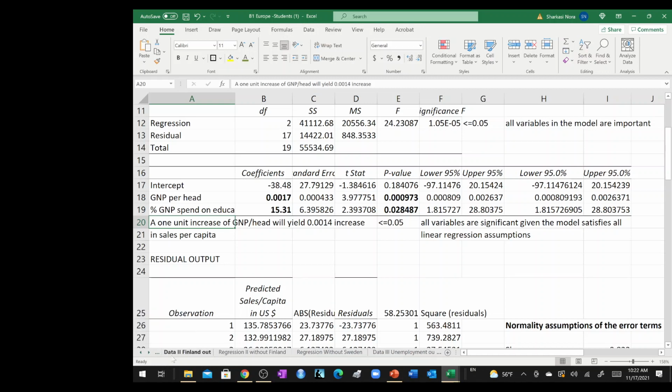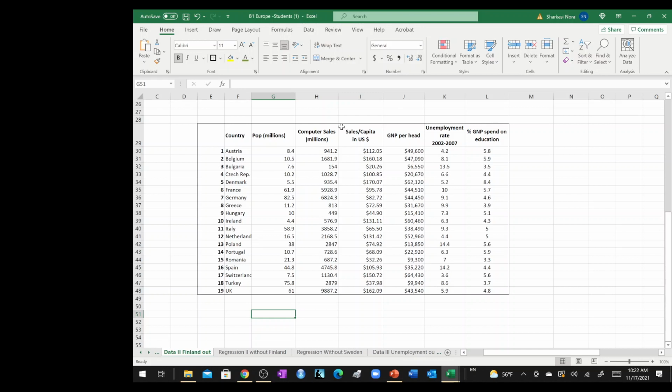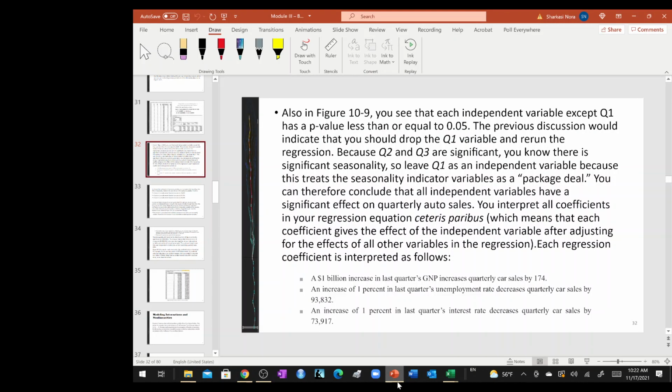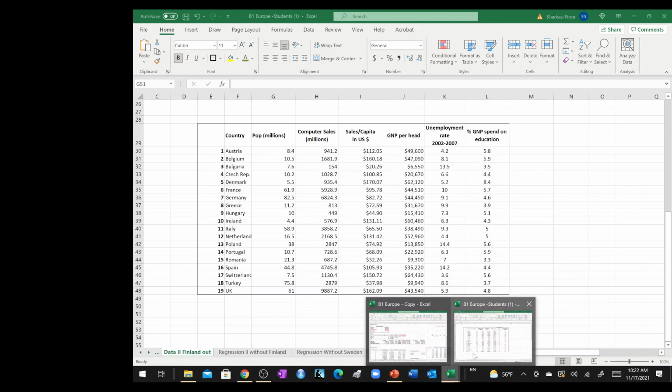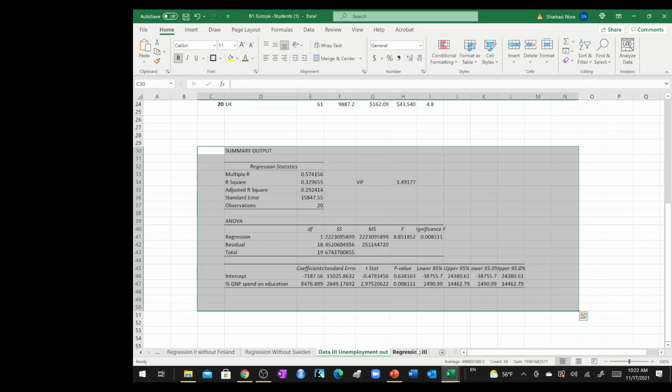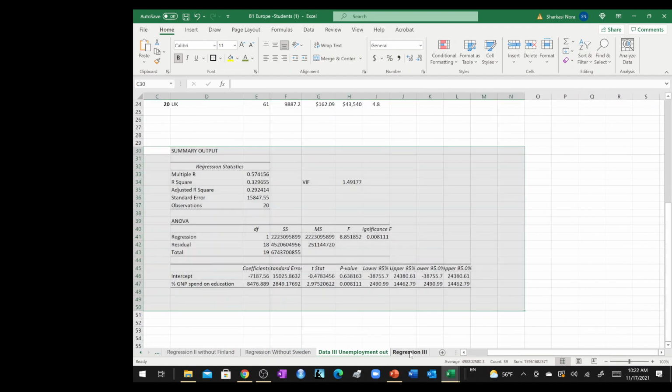It's my fault. I did not explain at the very beginning, but the sales are in millions. So the sales per capita in million, and this is also in million. This is in percentages. So based on the results here, let's see if our results are similar to their results.